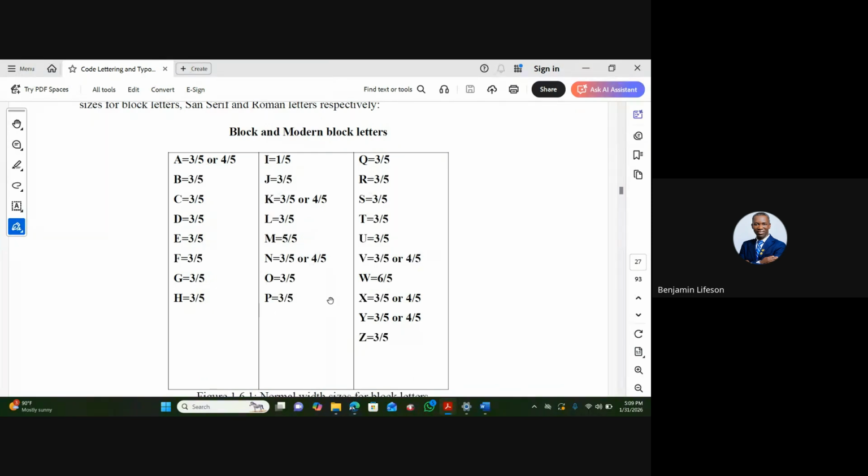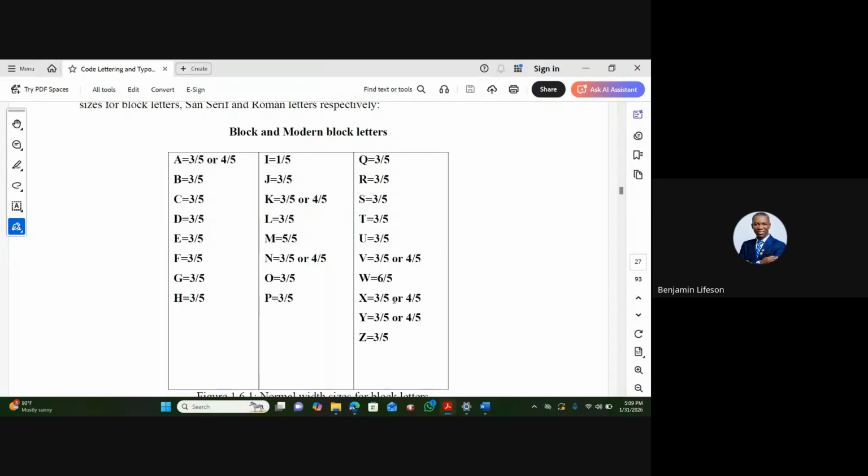Then we have O, P, Q, R, S, T, U, and V. The V can be 3 by 5 or 4 by 5. Then we have X, Y, Z, and the Y can also be 3 by 5 or 4 by 5. X can also be 3 by 5 or 4 by 5.